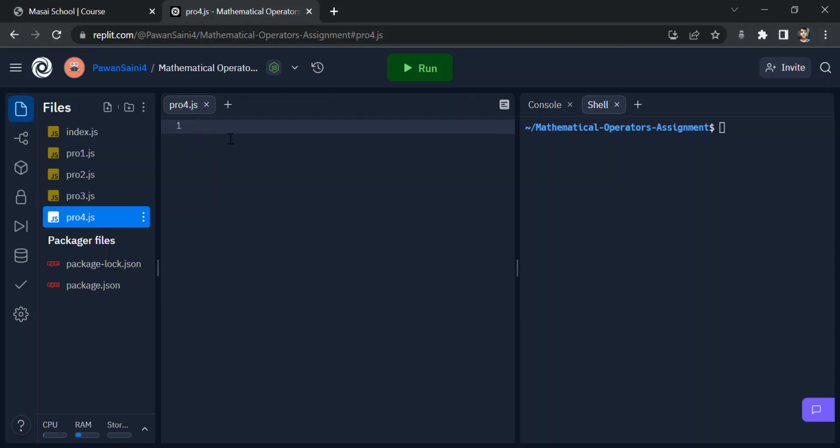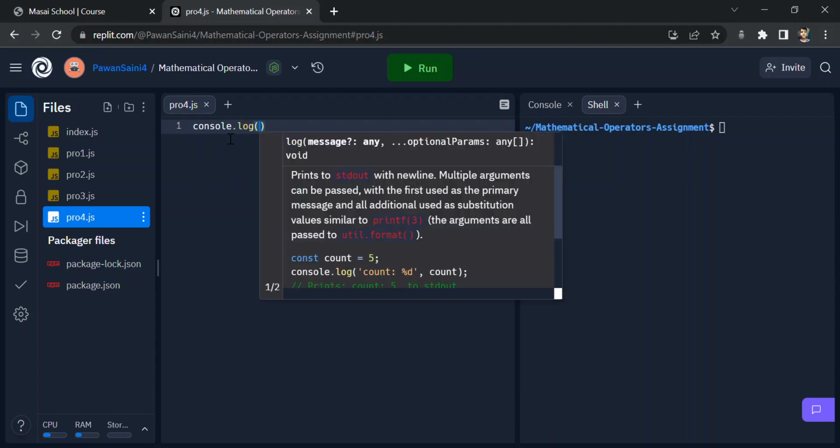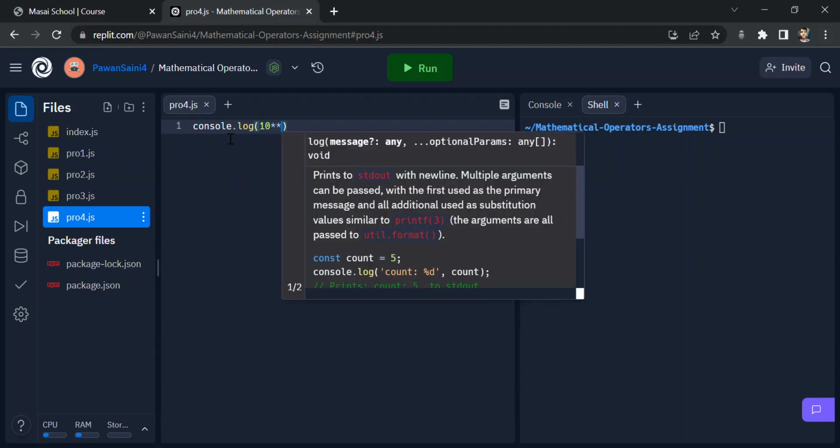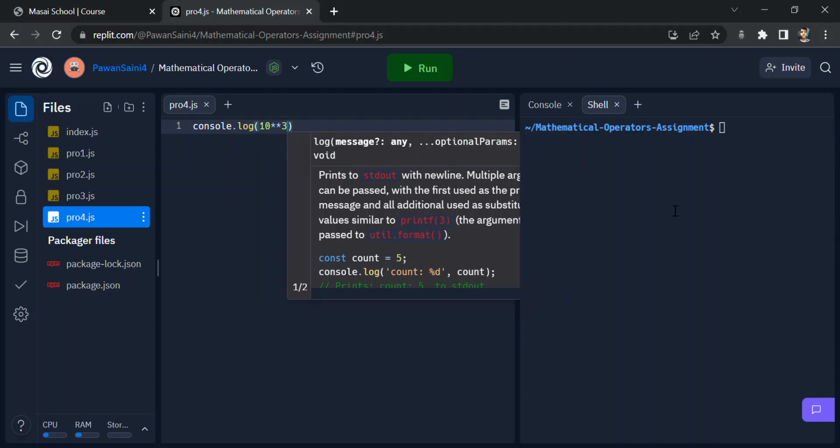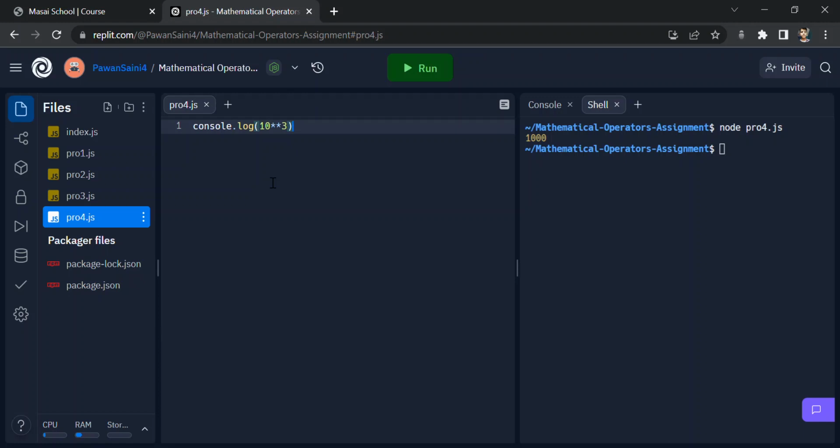So now let's console log this: 10 to the power 3, and now I'm going to run the file. You can see the cube of number 10 is 1000.